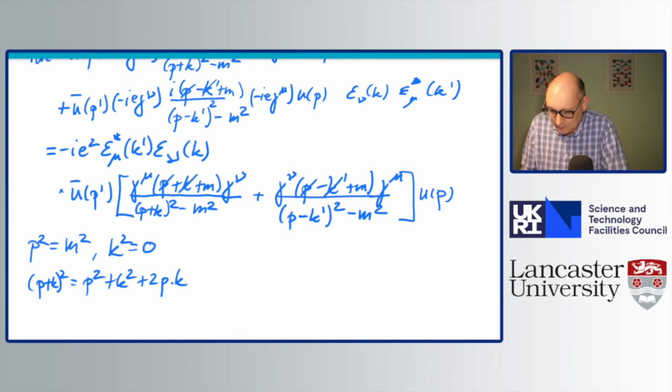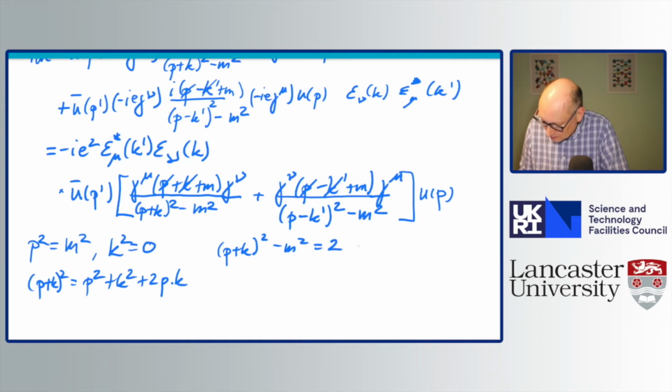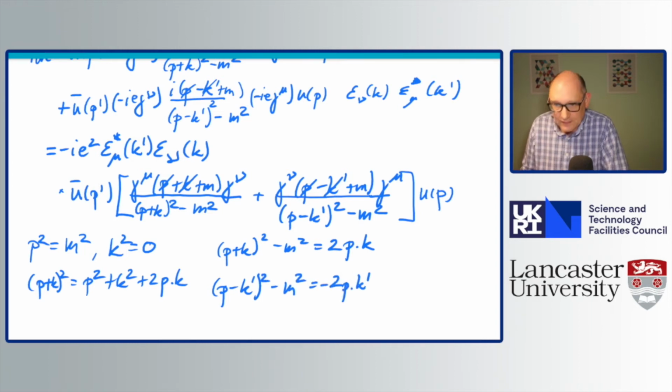So the propagator denominator (P plus K) squared minus M squared all evaluates as 2 P dot K, and (P minus K prime) squared minus M squared evaluates as minus 2 P dot K prime.